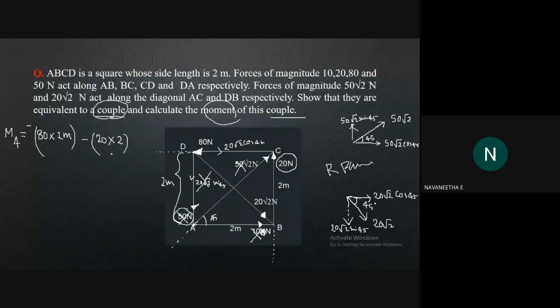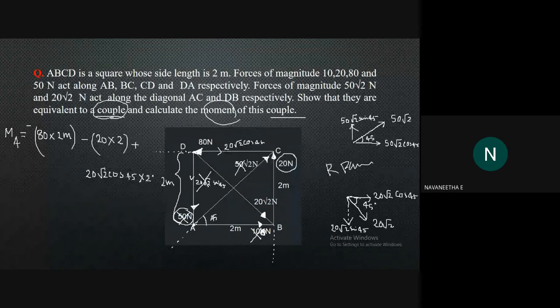It is acting along the right hand direction. So what is the direction of rotation? Positive or negative? Anti-clockwise or clockwise? Yes, it is clockwise, so it is positive. So you can write positive 20 root 2 cos 45 into 2.